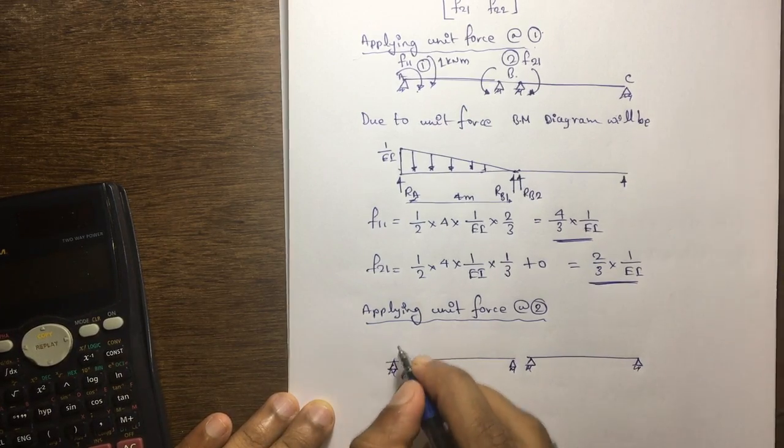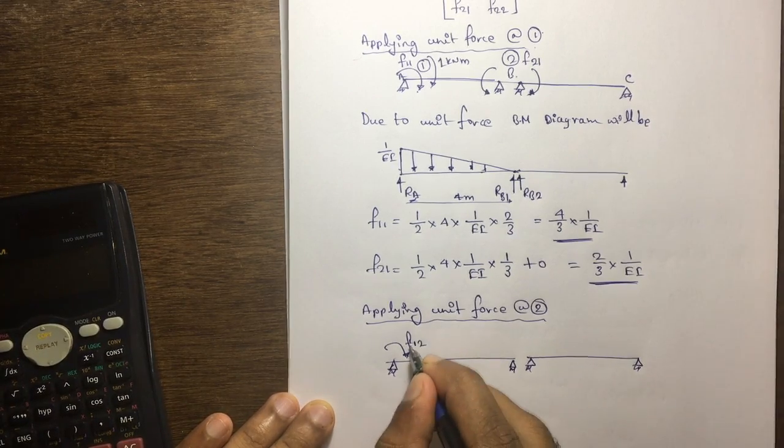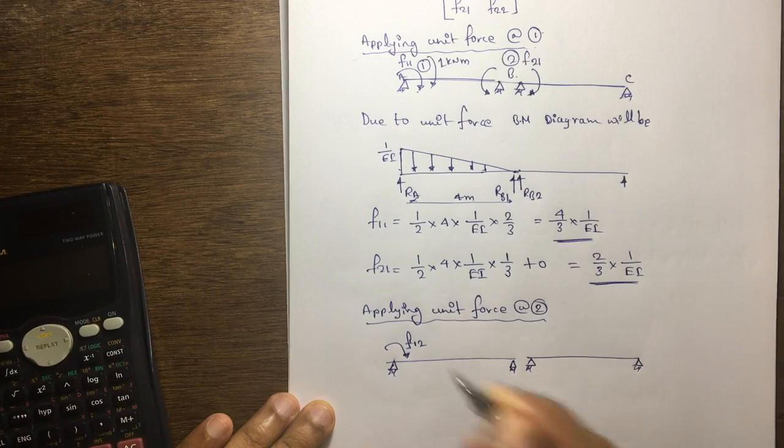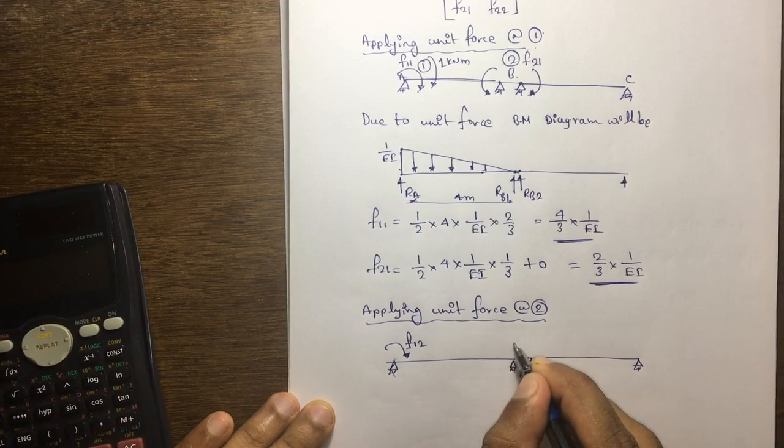So this one will become F12, that is force at 1, deflection at 2, the term we did in the previous stiffness matrix method.